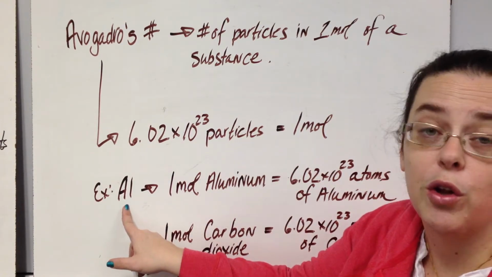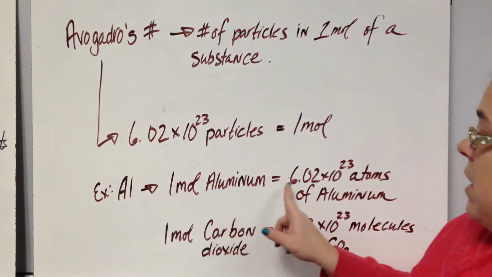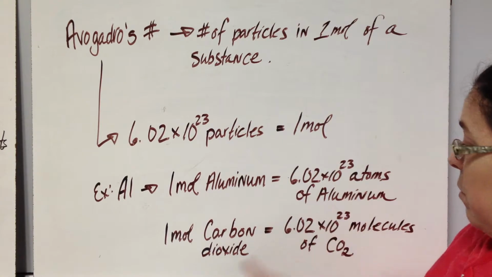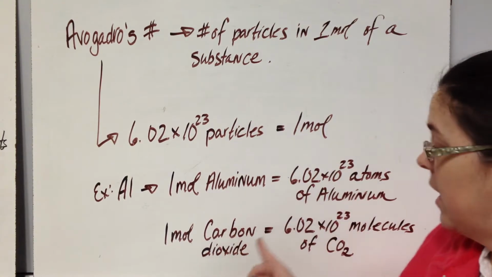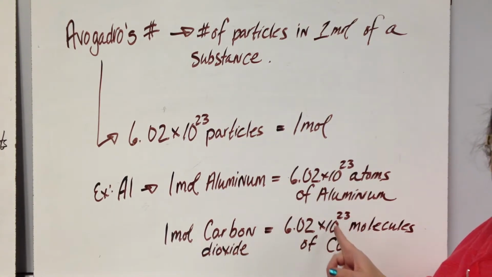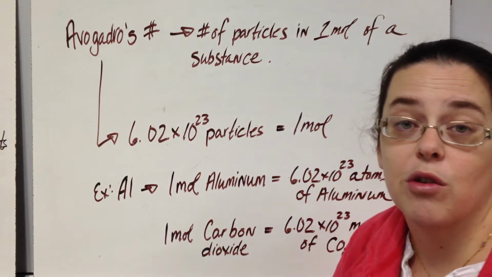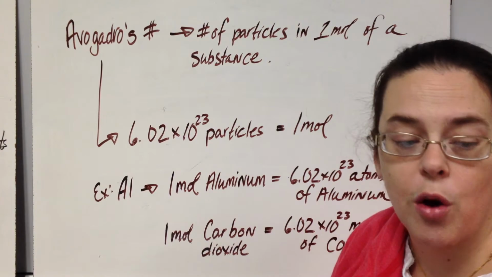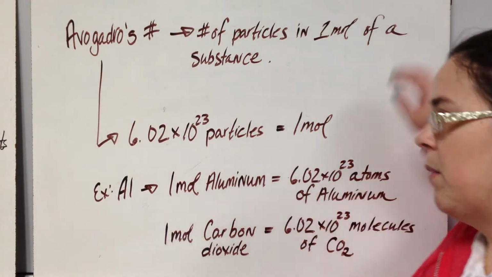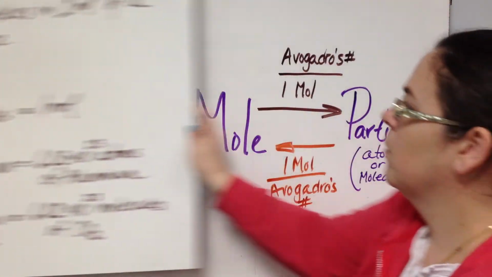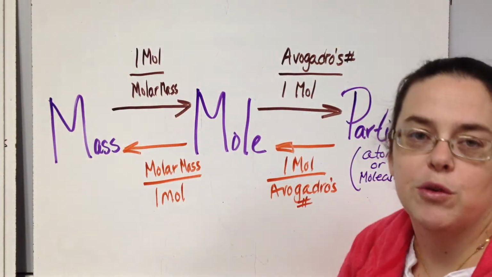For example, 1 mole of aluminum is equal to 6.02 times 10 to the 23rd atoms of aluminum. 1 mole of carbon dioxide is equal to 6.02 times 10 to the 23rd molecules of carbon dioxide. And so that's a standard number. 1 mole is always equal to 6.02 times 10 to the 23rd.